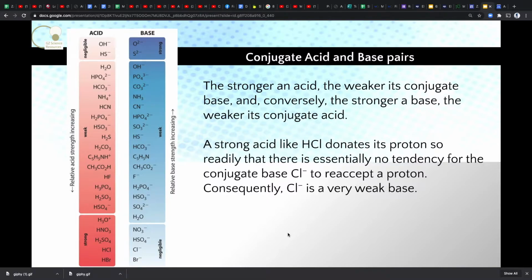At most, it's going to act as a base and maybe accept another hydrogen ion to form water. So O2 minus is a strong base, and its conjugate acid, hydroxide, is weak for that reason. Because if the strong base really wants to accept a hydrogen, its acid won't want to act as a strong acid, because it'll still have the potential to accept.